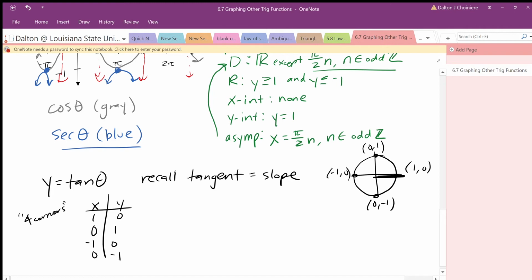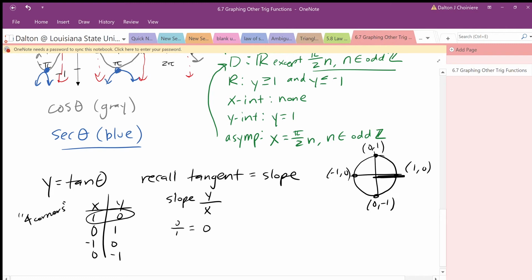Okay, if tangent is slope, and we know that slope is rise over run, or delta y over delta x, then we're just going to divide these coordinate points to figure out what the slope should be at each of those points. So for our first one, y over x would be 0 over 1, which is 0.